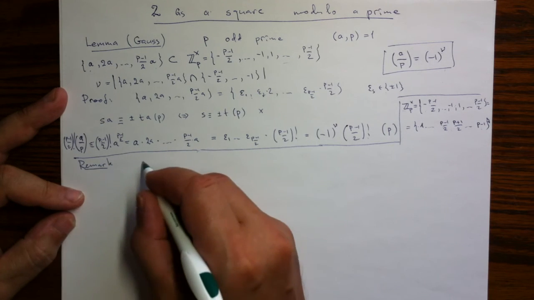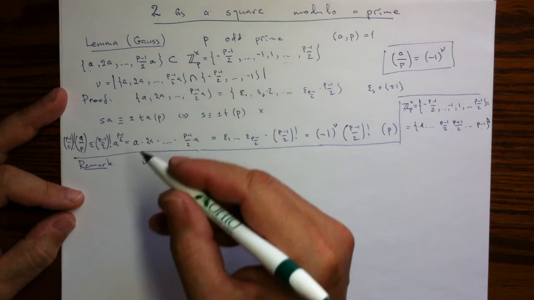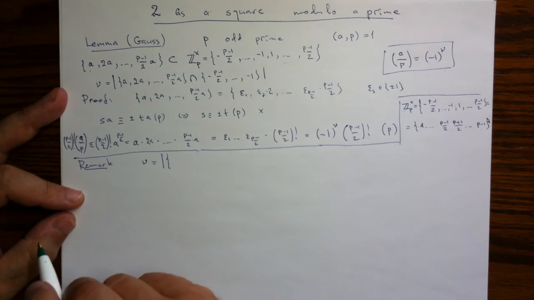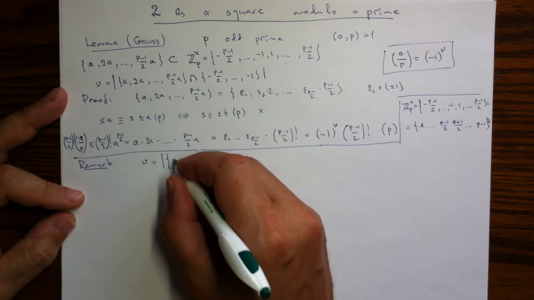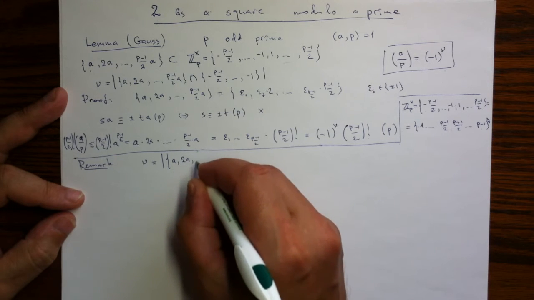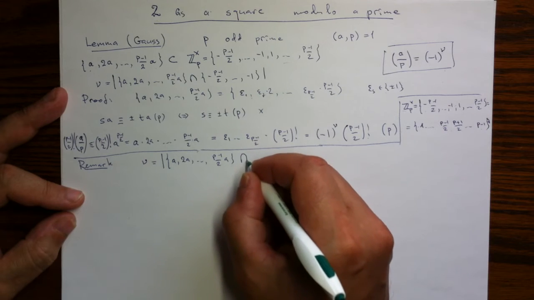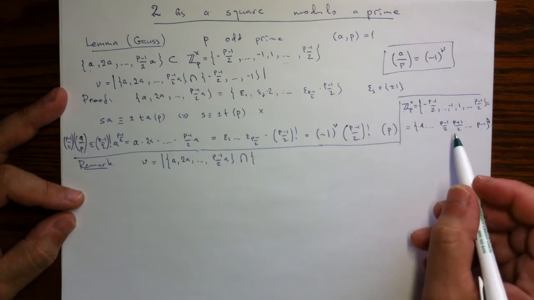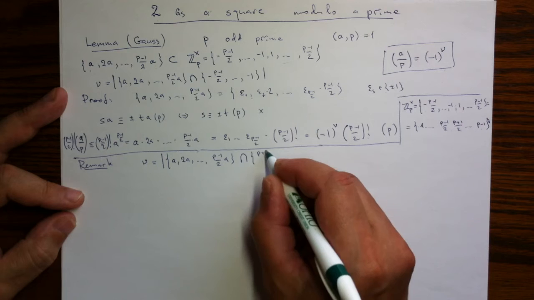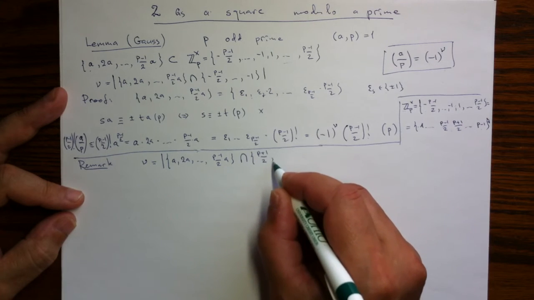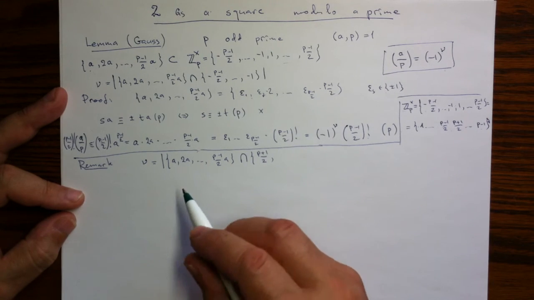here, that the nu can be computed as the intersection of this set of multiples when they are brought down to the standard remainders. I will have to count those which are larger than p minus 1 halved.